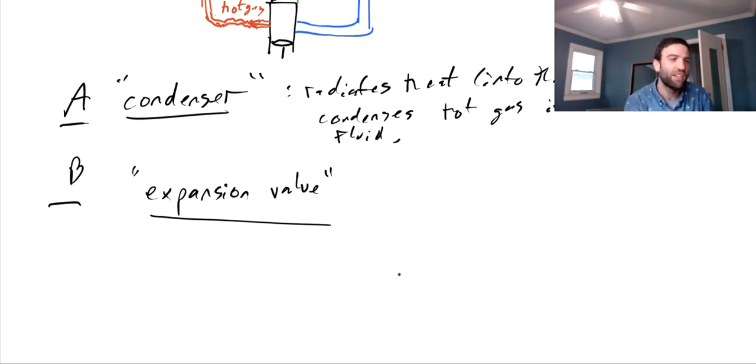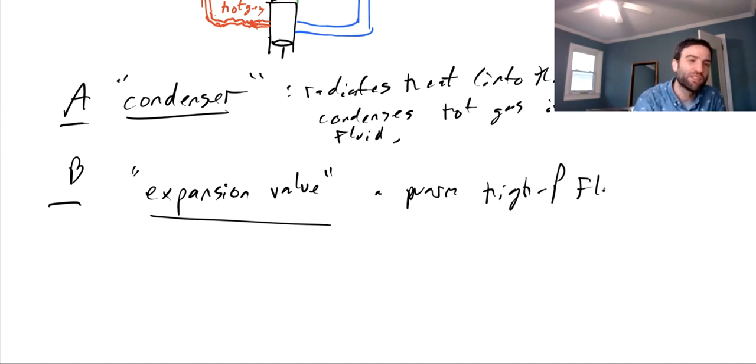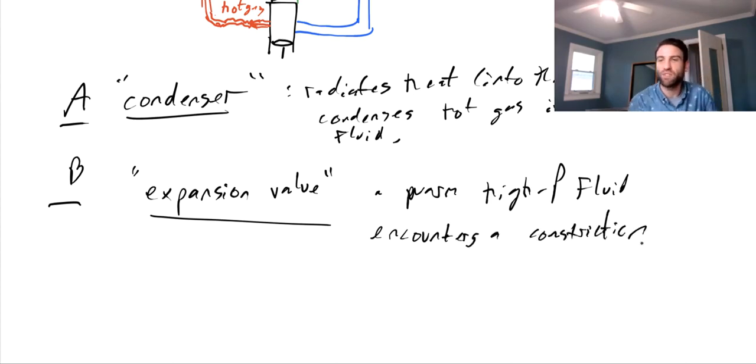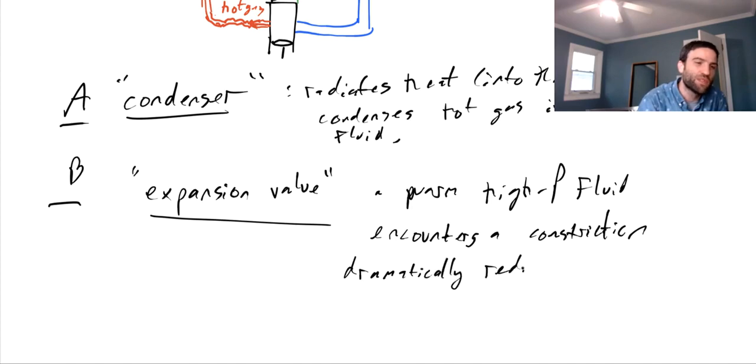So here, basically a warm, high pressure fluid encounters a constriction. And this dramatically reduces the pressure immediately afterwards. Reduces pressure.